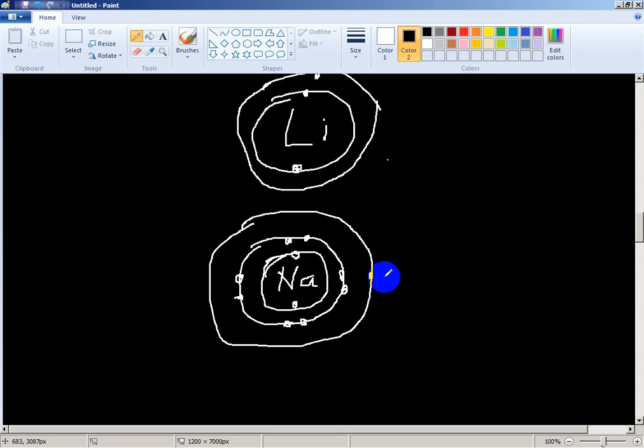So the electron can be removed easily. More inner shells means the shielding effect increases.